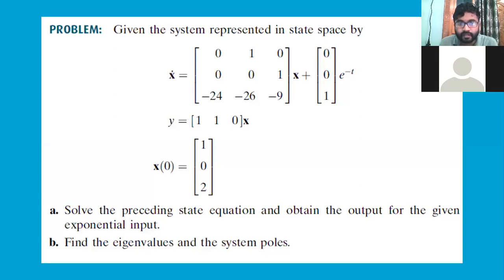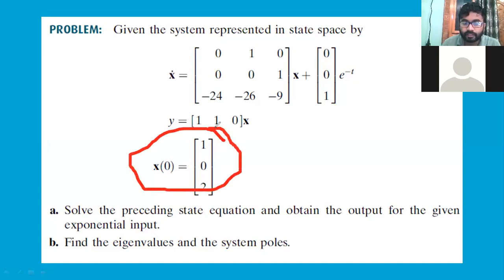So we are considering this example, state equation and output equation. You have to obtain the solution for this. And you observe here that initial conditions are mentioned. You should take care with initial conditions.